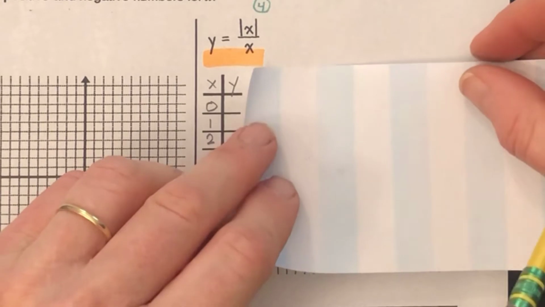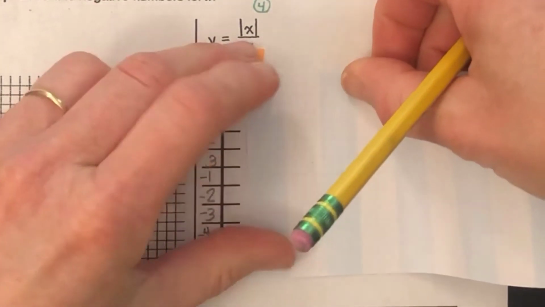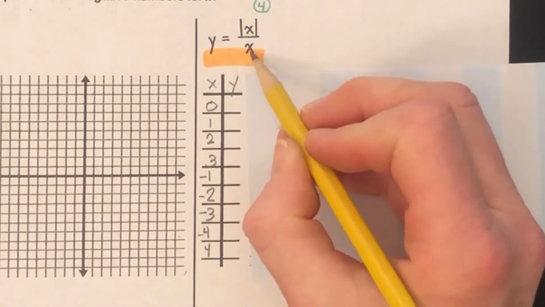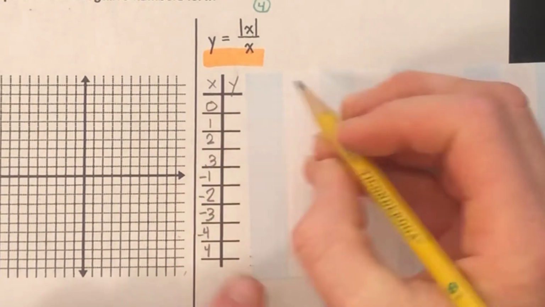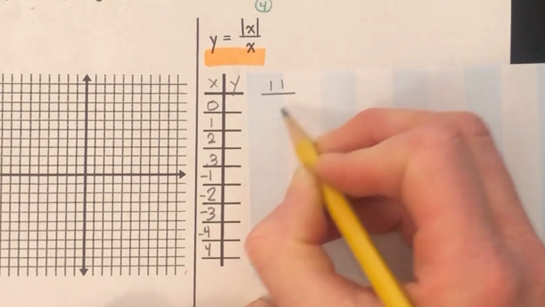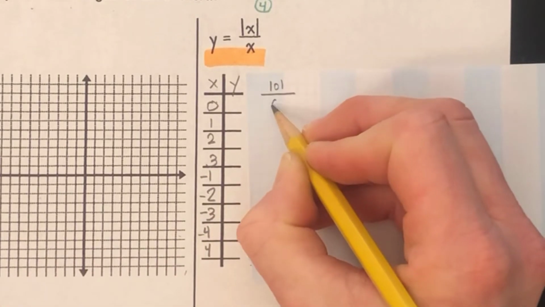In this equation, we have the absolute value of x divided by x. So the absolute value of 0 over 0.